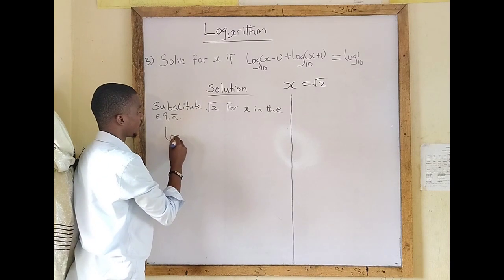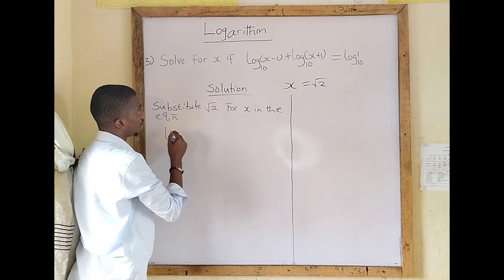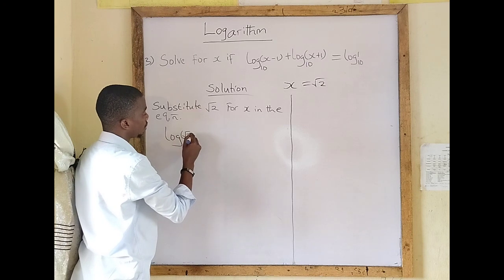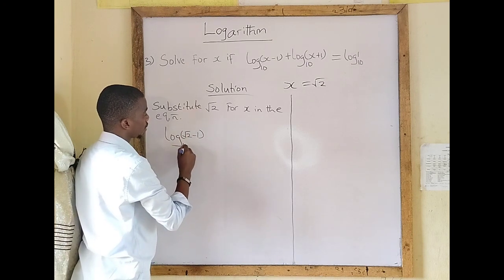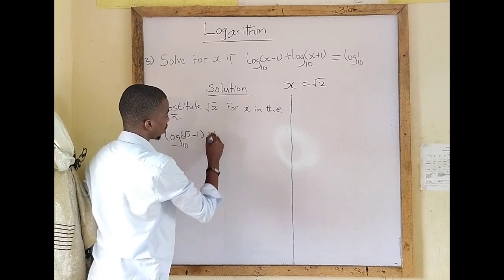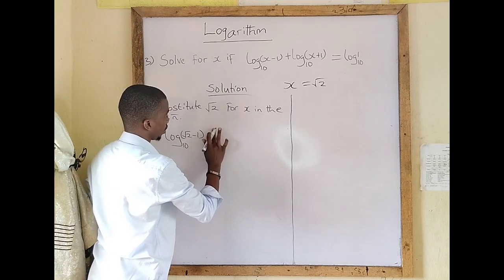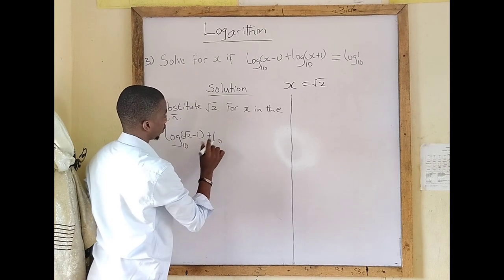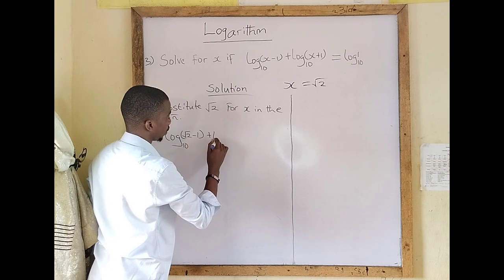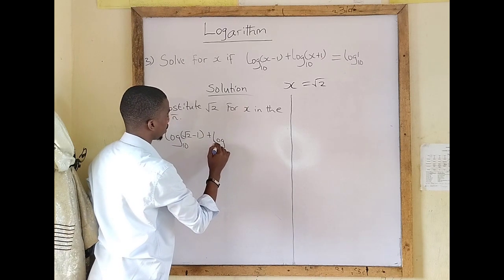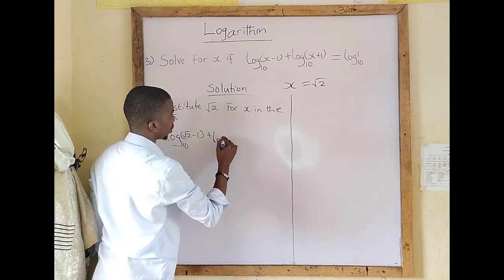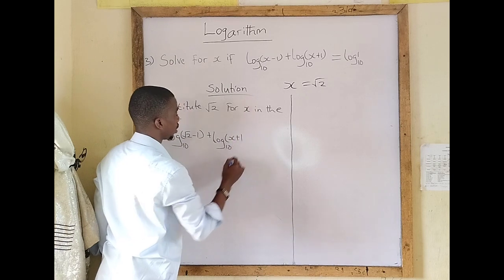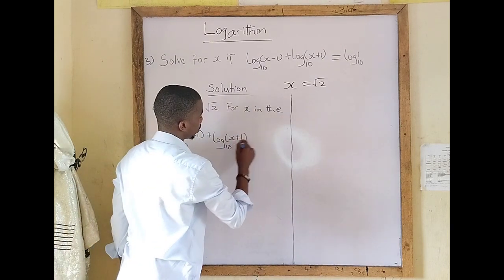So we have log bracket root 2 minus 1 bracket close, plus log 10 bracket x plus 1 bracket close.